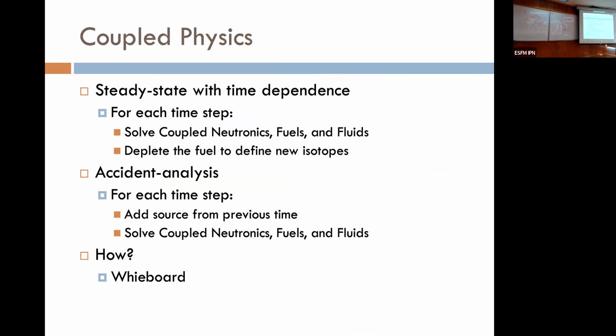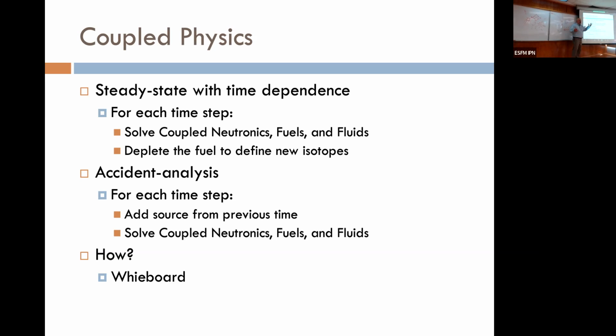All right, so for coupled physics calculations, if we do a steady state problem with time dependence, so reactor depletion, the reactor goes on full power, stays at full power, operates for a year and a half, and shuts down. For each time step, you solve a coupled neutronics, fuels, and fluid problem. This neutronics is a k eigenvalue neutronics problem.